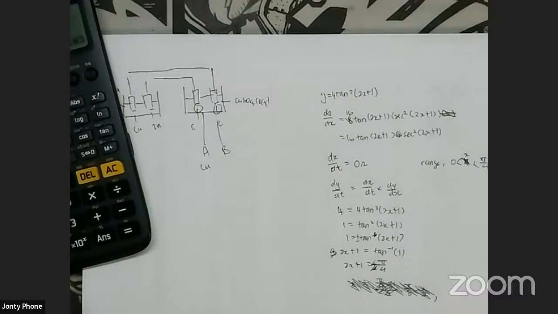Now, the first one doesn't match, out of range. Please try the second one. It is not guaranteed to be in the range because they are being tricky, right? They give you the range of x, not 2x plus 1. So a little bit annoying.